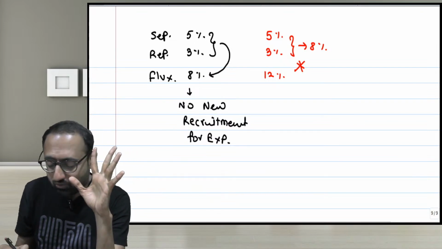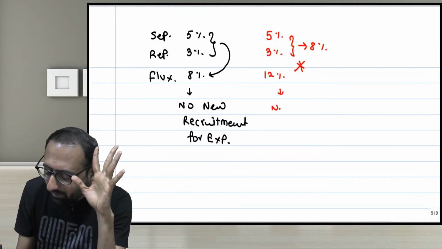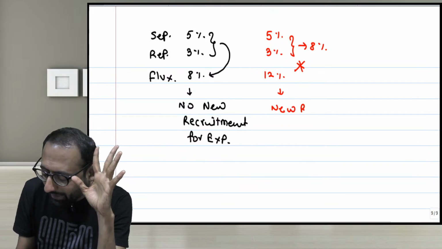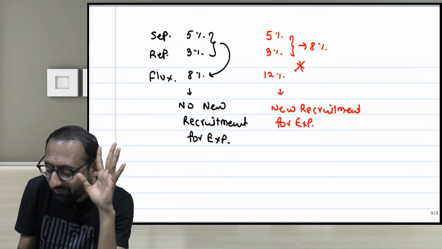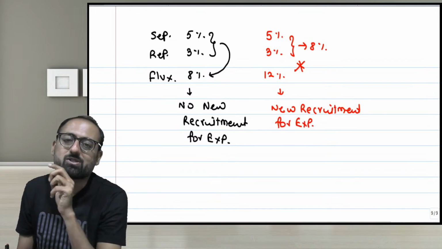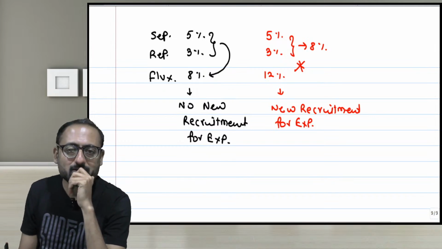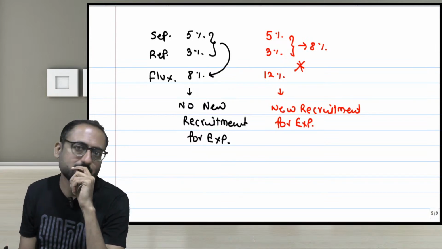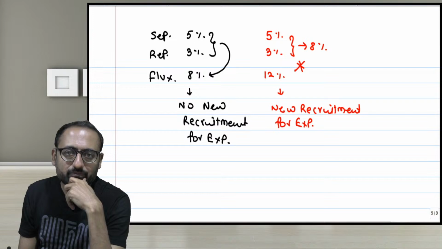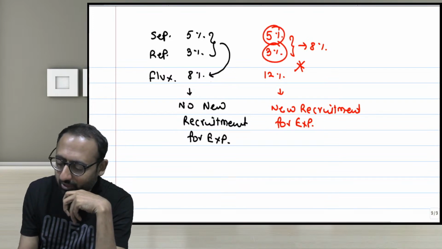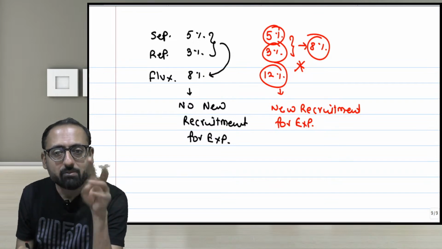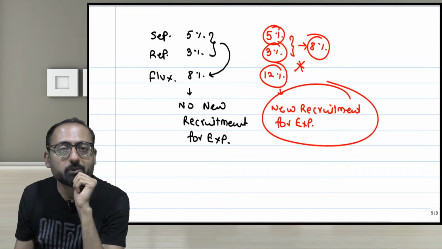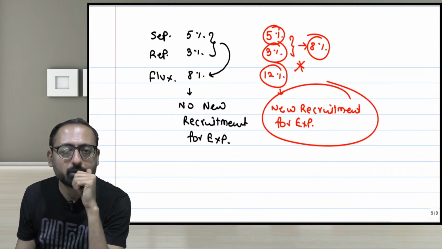In such a situation, remember guys, there will be new recruitment for expansion. No one knows this. I have given you one hint for the examination: if 5% plus 3% is 8%, but under the flux method they have given 12%, it means the remaining 4% is nothing but new recruitment for expansion. You'll have to remember this.